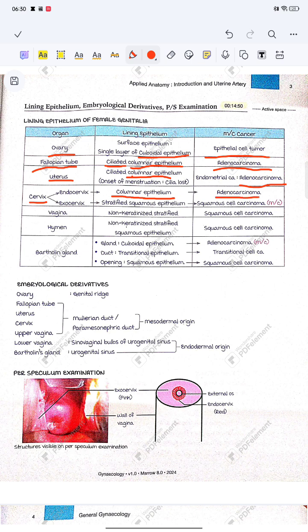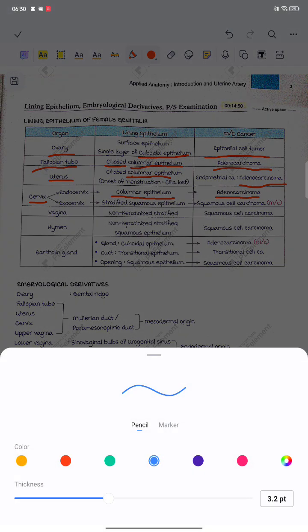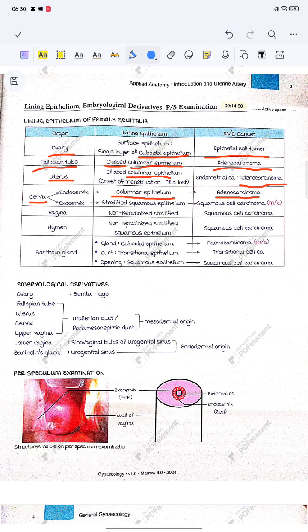But in the exocervix, which lies close to the vagina, we have squamous epithelium. In the case of the vagina also we have stratified squamous epithelium, and in the hymen also we have stratified squamous epithelium. Then the most common cancer will be squamous cell carcinoma in all three.